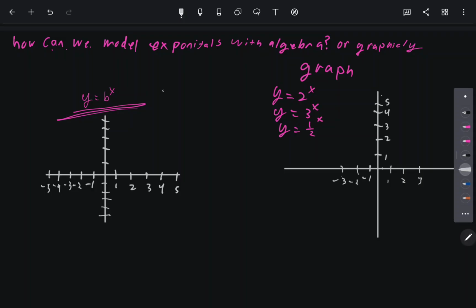So on white, I'm going to say b is greater than 1, on blue b is equal to 1, and finally b is less than 1. But for this one, I'm going to just add the restraint that it also needs to be greater than 0.